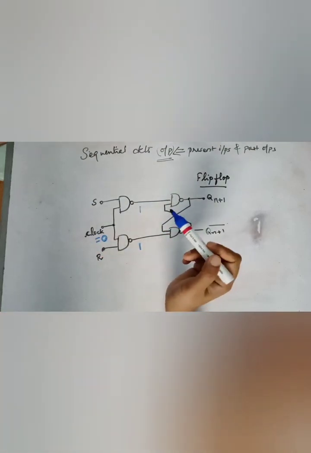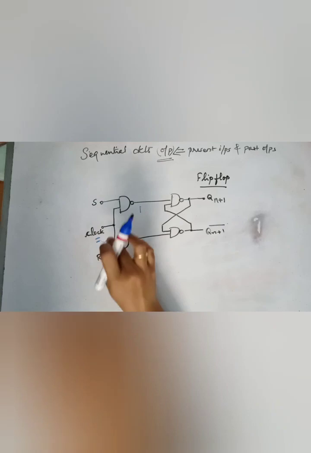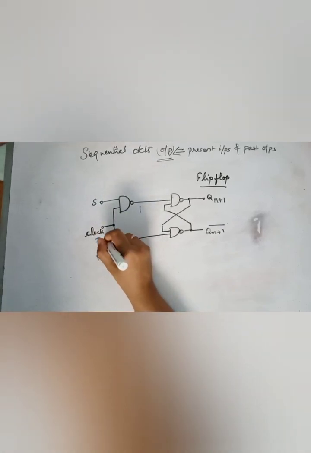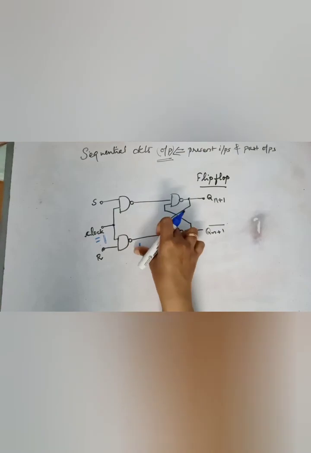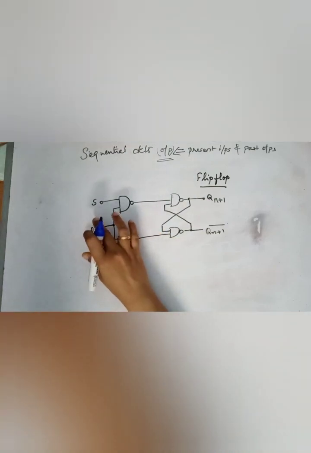The output will come only based on the clock. So this output does not depend on S and R, which is not required. So what you will do is, you will apply clock equal to 1. Only if clock is equal to 1 does the output of the first two NAND gates depend on the S and R inputs.